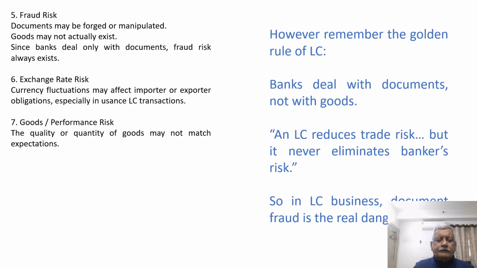Goods or performance risk. The quality or quantity of goods may not match expectations. However, remember the golden rule of LC. Banks deal with documents, not with the goods. And LC reduces trade risk, but it never eliminates bankers' risk. So, in the LC business, document fraud is a real danger.